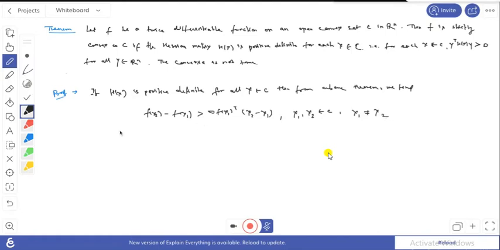So you say that your f is strictly convex. Okay, the first part is very clear, but the second part, to see that the converse is not true.